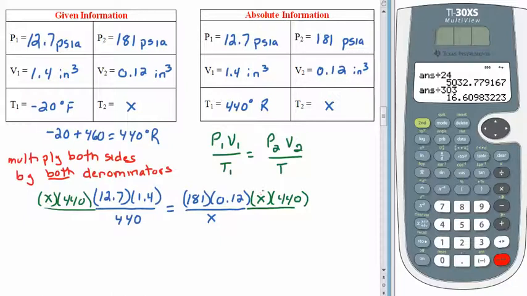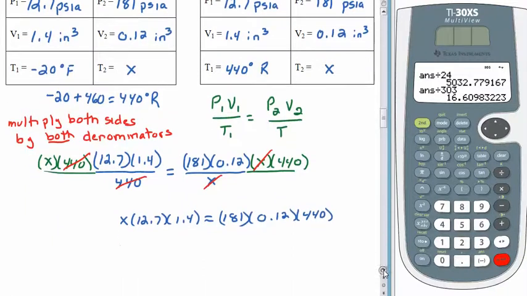On the right-hand side, x over x cancels. And on the left-hand side, 440 over 440 cancels. So now the equation looks something like this. We've got x multiplied by 12.7 multiplied by 1.4 is equal to 181 multiplied by 0.12 multiplied by 440.